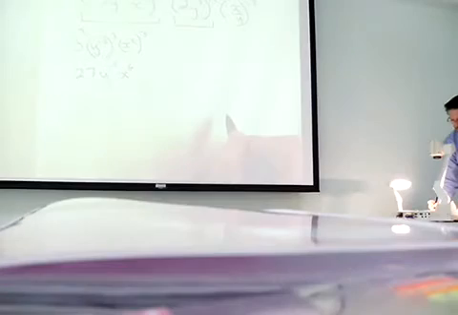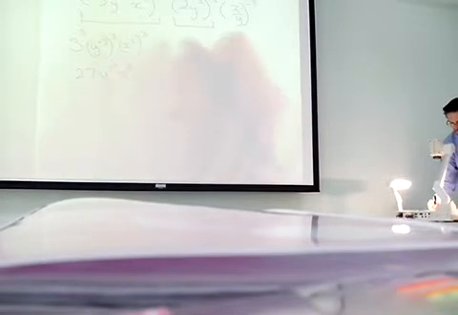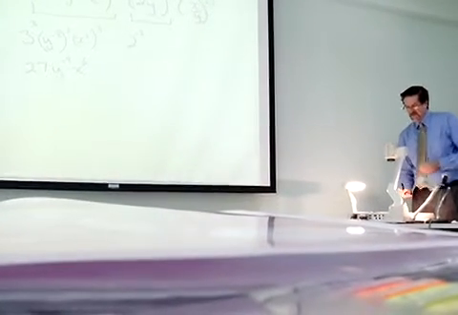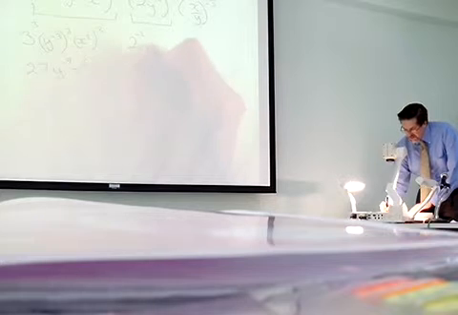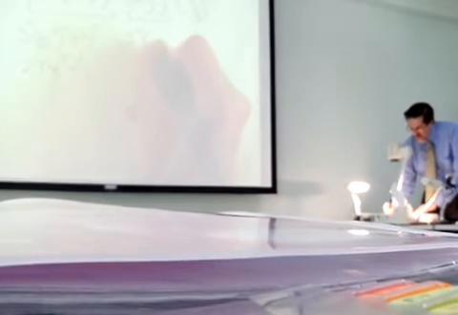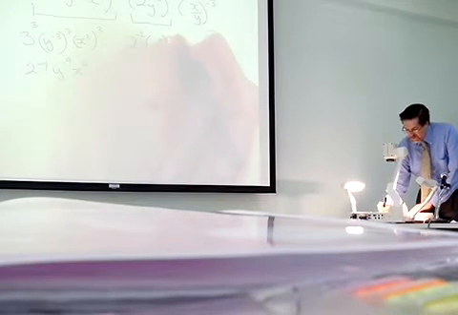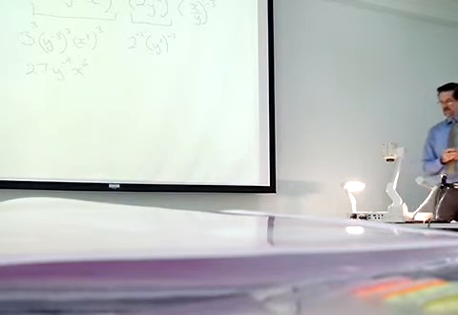What about the second part? This would be 2 to the negative 2 times y to the exponent 2 to the exponent negative 2.